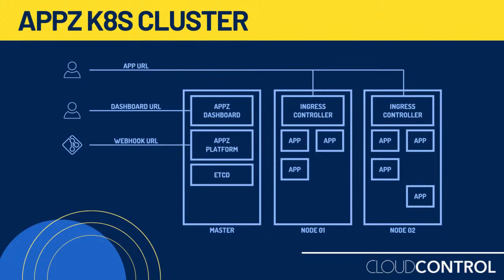It also has an admin interface for administrators to onboard the applications and other details, and onboard the users. Now, the webhook URL is something our GitOps engine uses to link to your GitHub repository and deploy it on the platform.